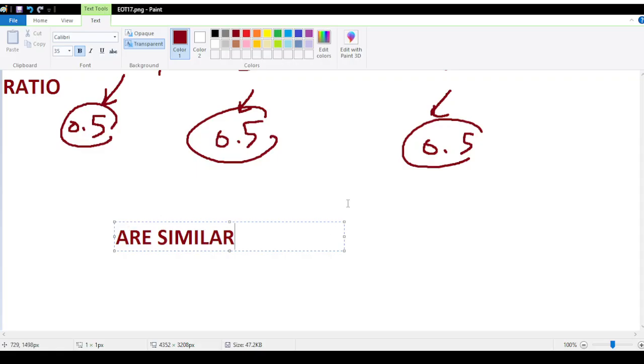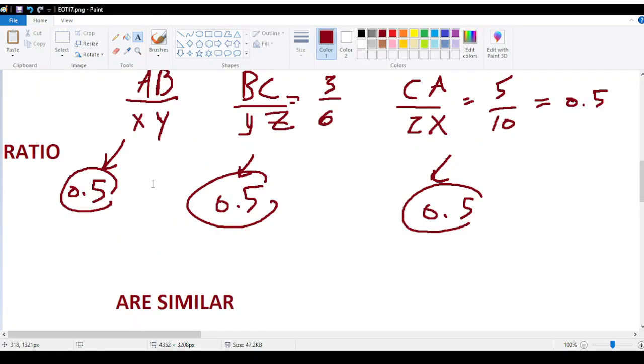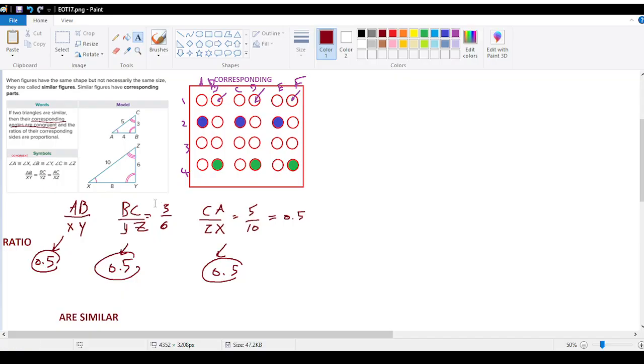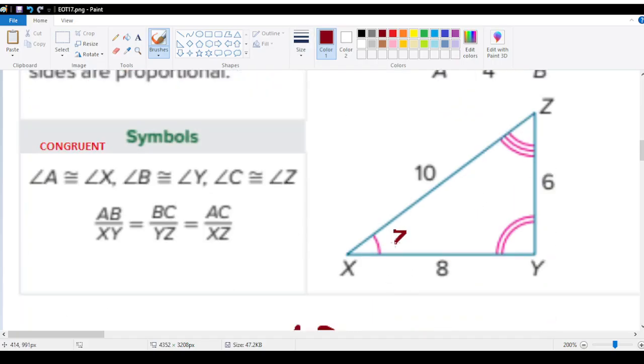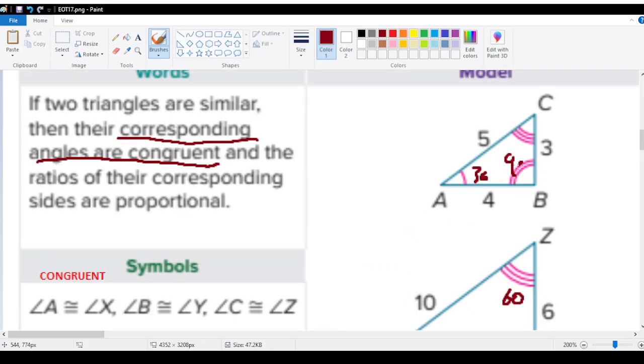Similar. So how to tell if the shapes are similar or not? We have two methods. Either we look for the angles or we look for the ratio. If the angles were the same, for example, like I said before, this was 30 and this was 30, and this was 90, this was 60, and the 90, the 60.